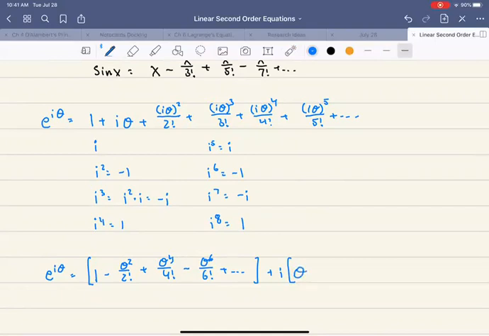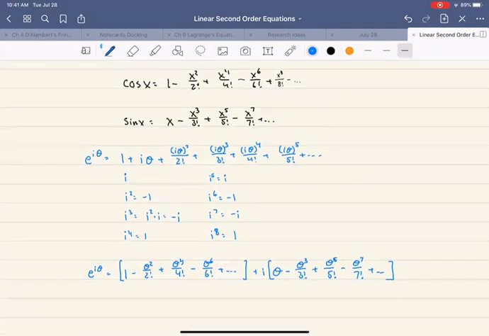Now, to the third, that has a negative sign, so it's going to be minus theta to the 3rd over 3 factorial. To the 5th, it's going to be a positive sign: theta to the 5th over 5 factorial. Minus theta to the 7th over 7 factorial.